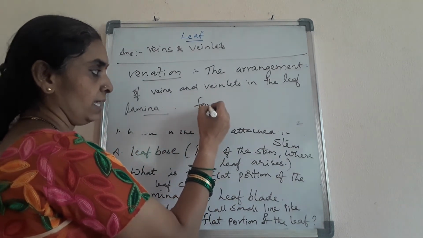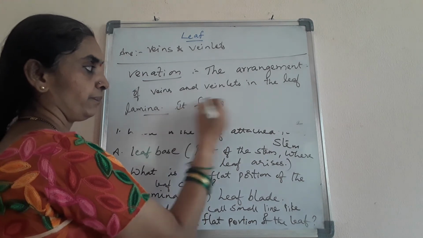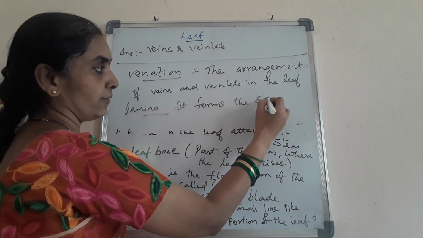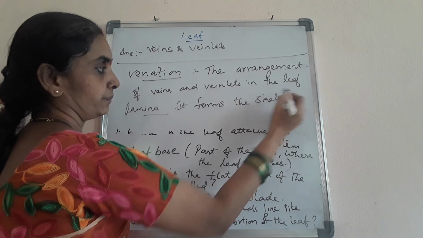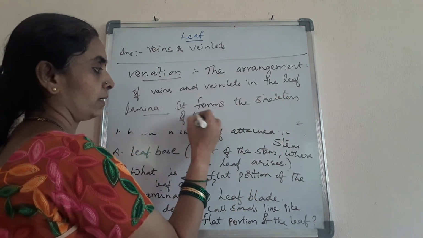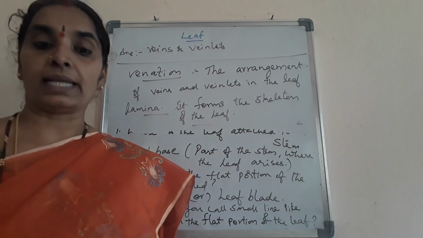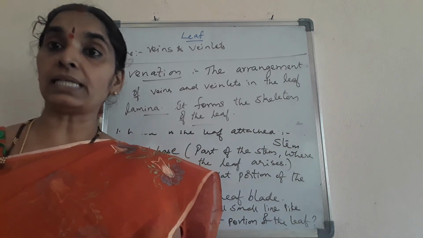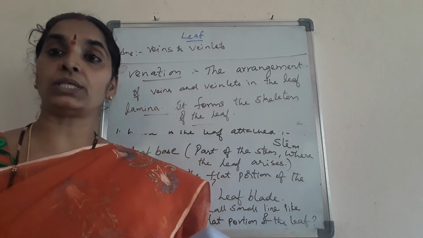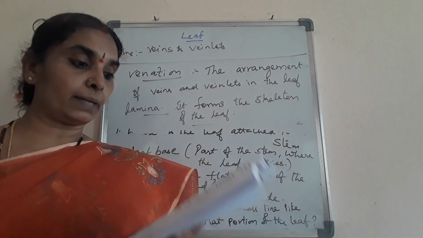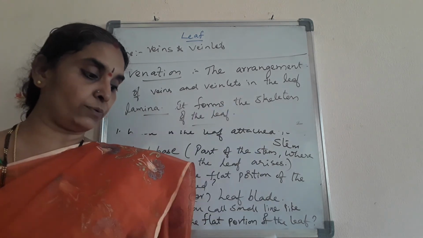It forms the skeleton of the leaf. Hope you have understood, children, now. Next, we'll take up the different types of leaves as given in your textbook, table number 5, activity 5, ma.